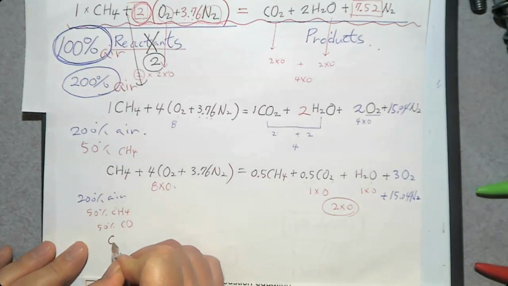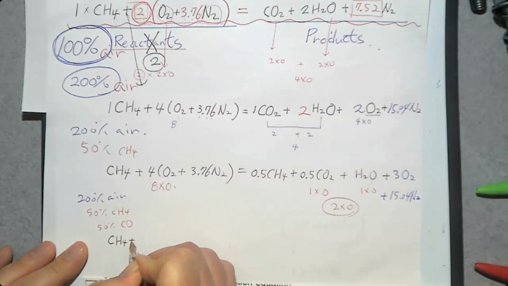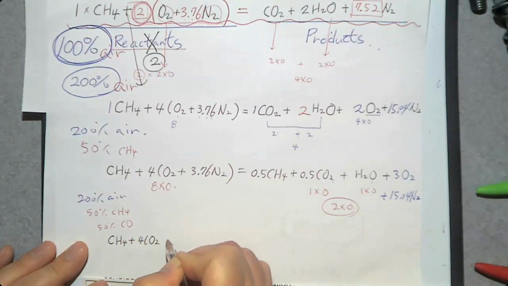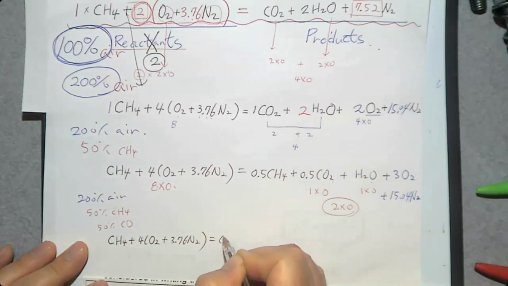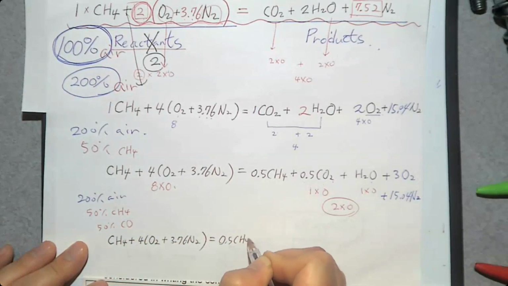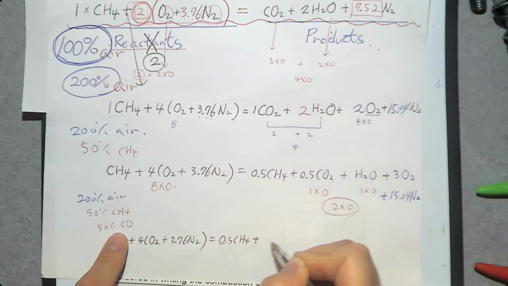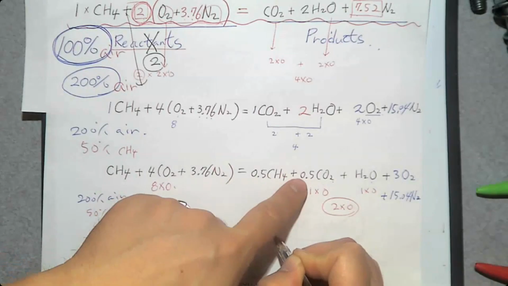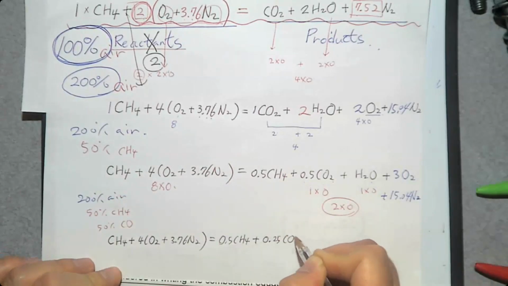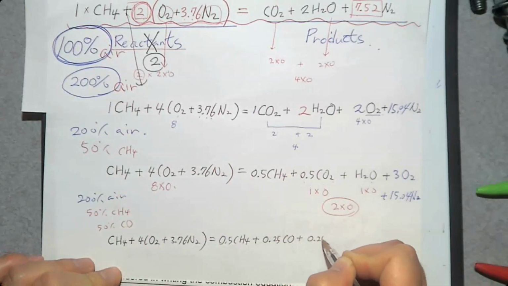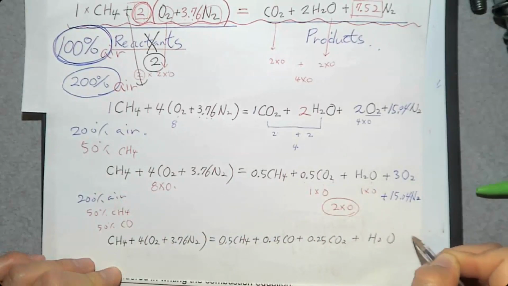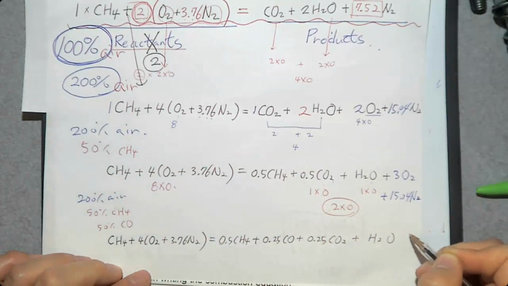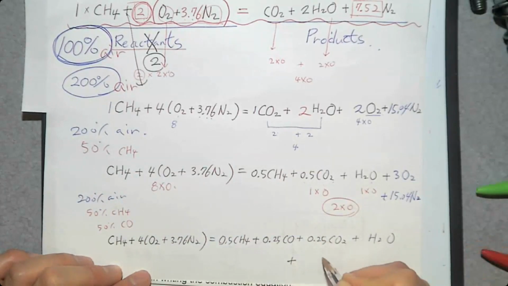So this time, methane plus 4 times oxygen plus 3.76 nitrogen is going to be 0.5 methane, and we have 50% of this one: 0.25 carbon monoxide, 0.25 carbon dioxide, and water, and oxygen and nitrogen.